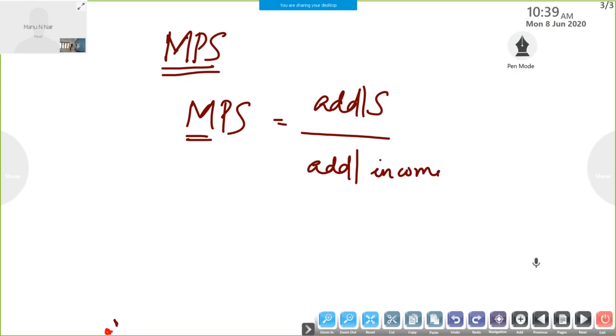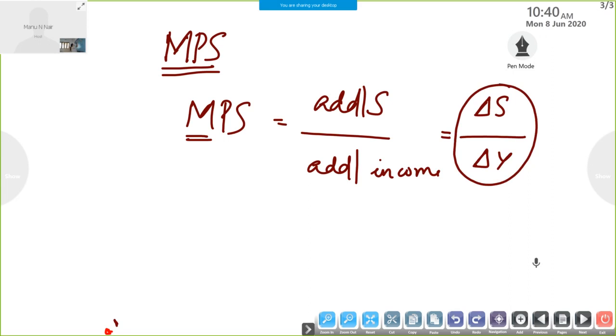The ratio between additional saving and additional income gives the marginal propensity to save. Additional saving we can give as delta S, additional income as delta Y. So delta S by delta Y shows marginal propensity to save.